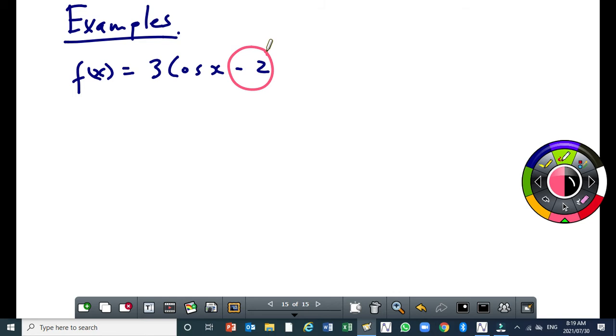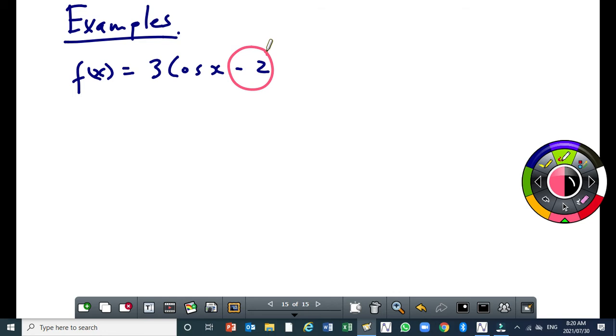And the question will be, what is the equation of the graph that's being shifted by 2 units downwards? Okay, can someone tell us the answer? Yes, Kabir? It will be y equal to 3 cos x. Thanks. Okay, so it is y equal to 3 cos x, but that's being shifted by 2 units downwards.